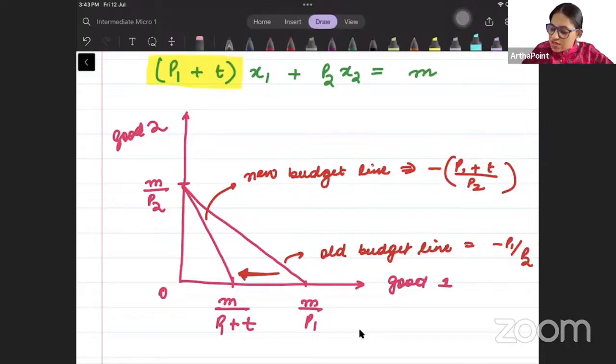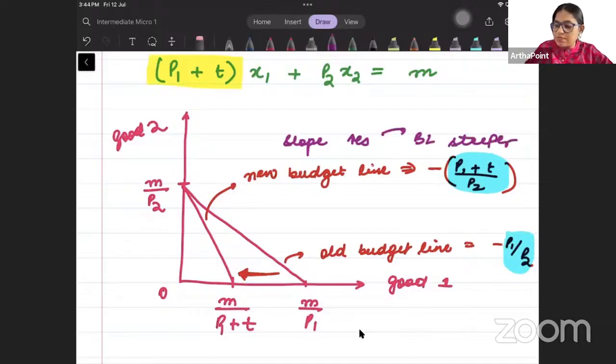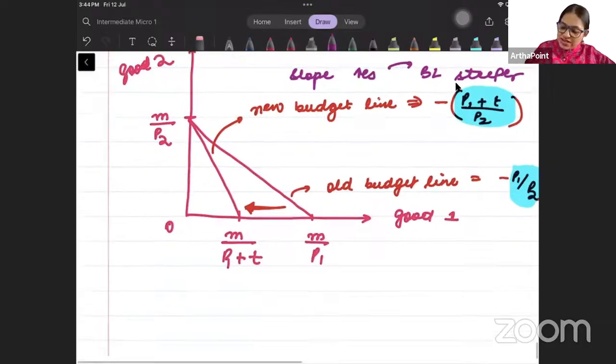In absolute sense, देखो numerator बढ़ रहा है, numerator is increasing, absolute, not negative sign के साथ. So in absolute sense, slope has increased. Beta, we have studied when slope increases, budget line becomes steeper. So what has happened to the budget line? It has become steeper. Clear? Clear hai?